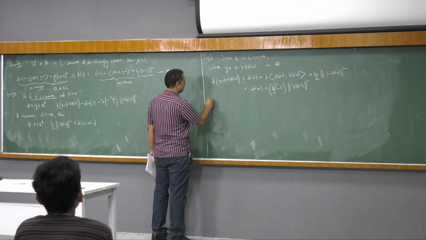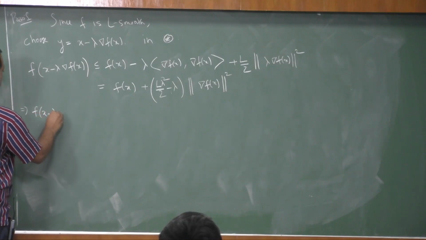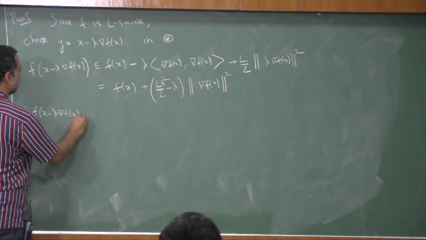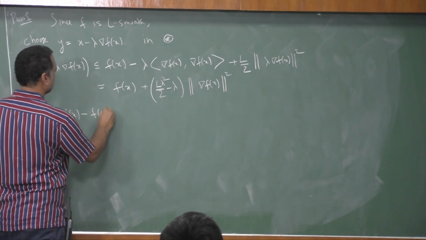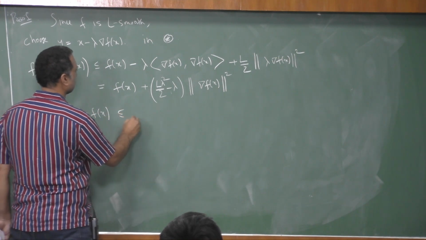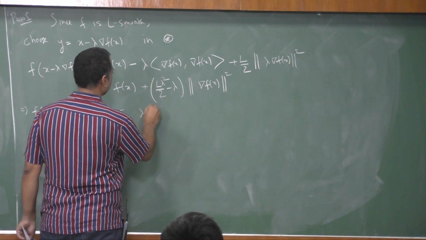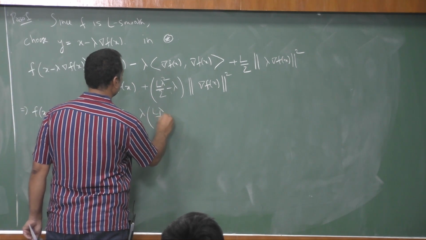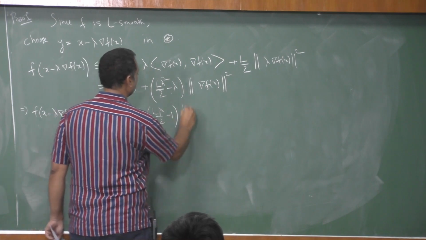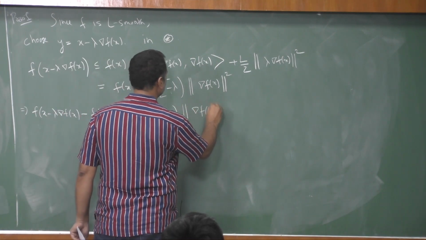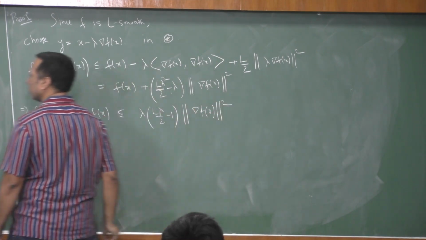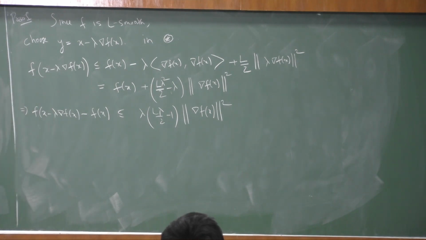So this is f(x) minus lambda grad f(x) minus f(x) is less than or equal to lambda L lambda by 2 minus 1 norm grad f(x) squared. They took a minus also here. It's the same thing.